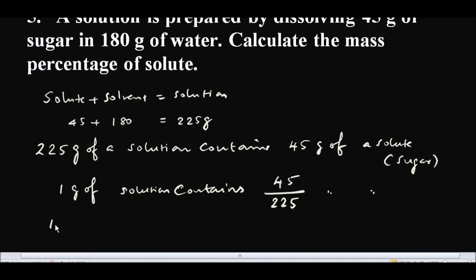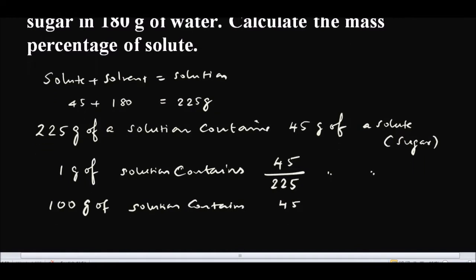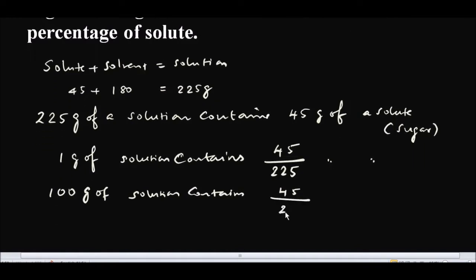Then the percentage means 100 gram of sugar solution contains, what will you do? We can write 45 divided by 225 into 100. So if you solve this particular problem, you can get your answer.